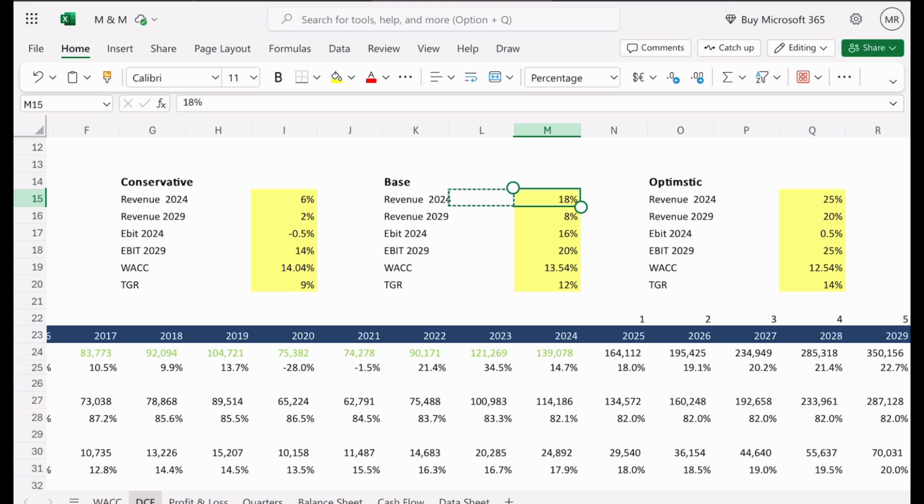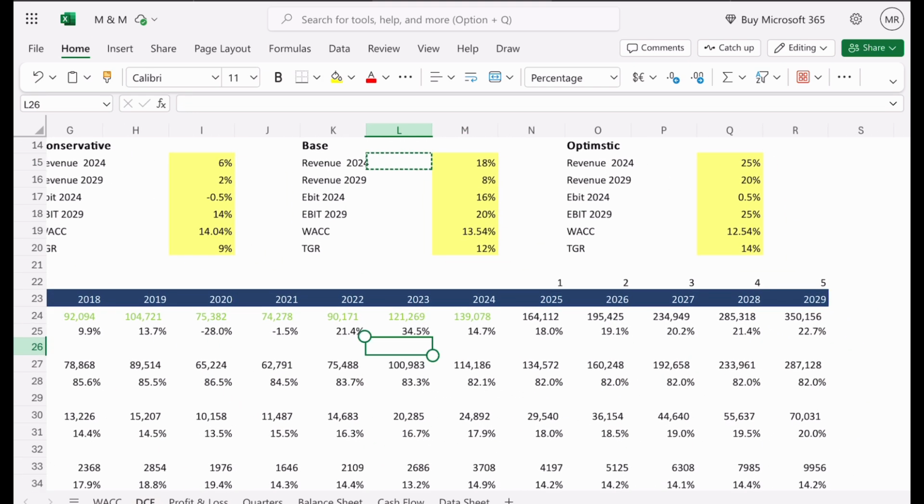I think it's a bit too high, but in 2023 they grew 34%. Investors have high expectations of the company. So 18%, and I grow it by 6% every year. You can see the formula up there: this number multiplied by 1 plus 6% every year.